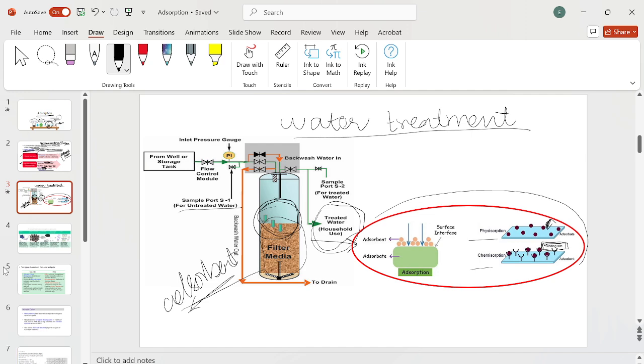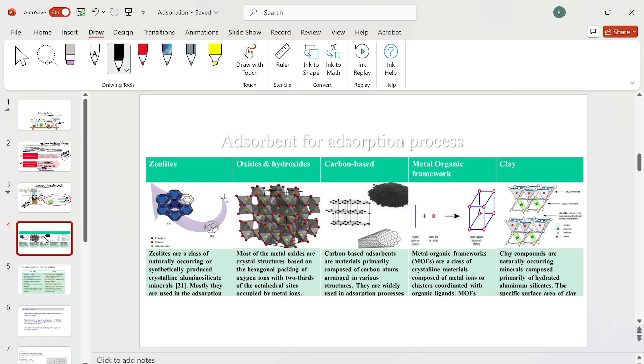So why not talk about the adsorbent categories? For the adsorption process, we have different adsorbents like zeolites, oxides and hydroxides, carbon based, metal organic frameworks, and clays. Each category has its own specialty.